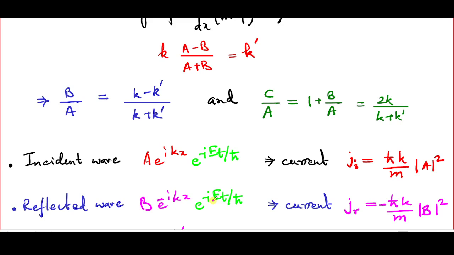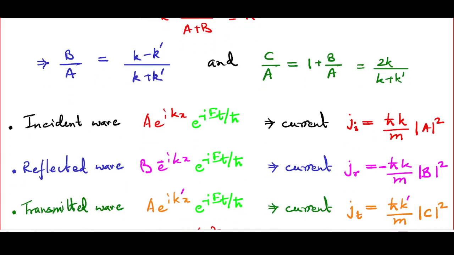This is of course a reflected beam whose current density Jr is given by minus h cross k over m, mod b squared. And the transmitted wave is c e^(ik'x) e^(-iEt/h cross), and the transmitted current will be given by h cross k' by m, mod c squared.